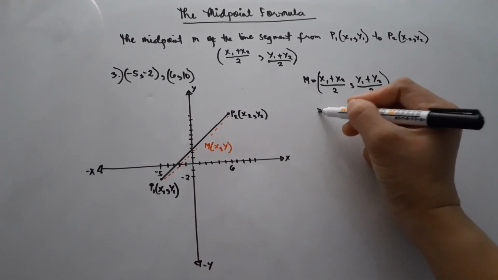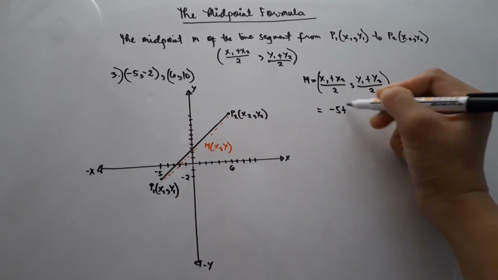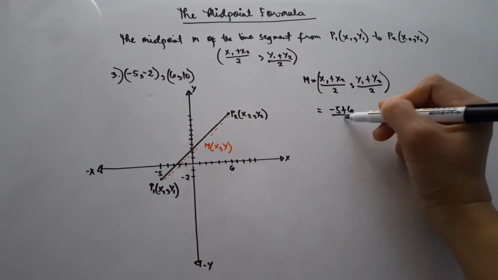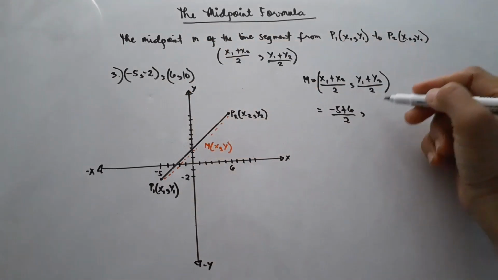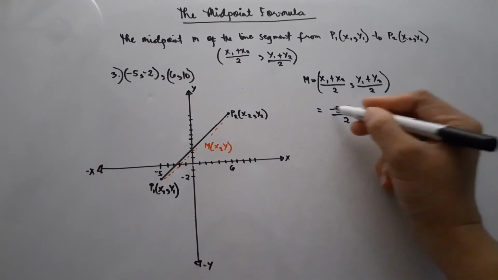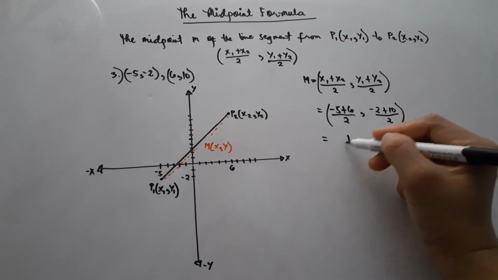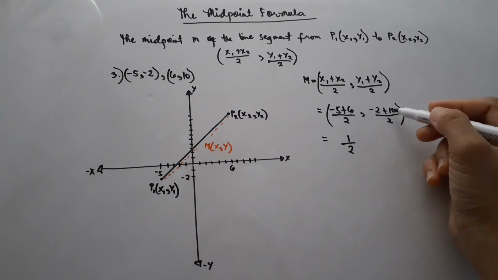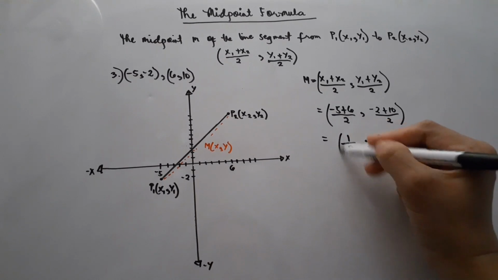So if we plug in the value of x sub 1 is negative 5 added by x sub 2 is positive 6 divided by 2. And if we plug in y sub 1, which is negative 2 added by y sub 2 is equal to 10 divided by 2. So we have negative 5 added by positive 6 is equal to 1 divided by 2, and negative 2 added by positive 10 is positive 8 divided by 2.